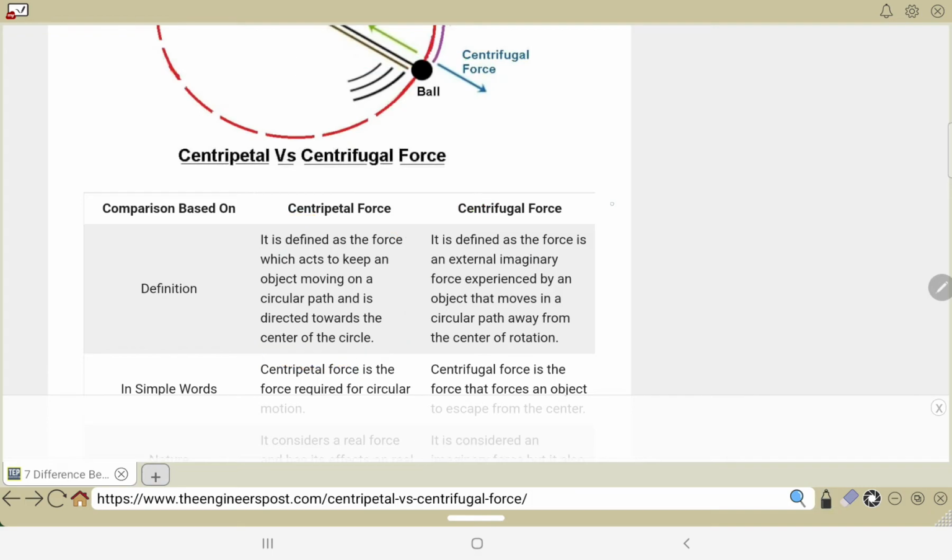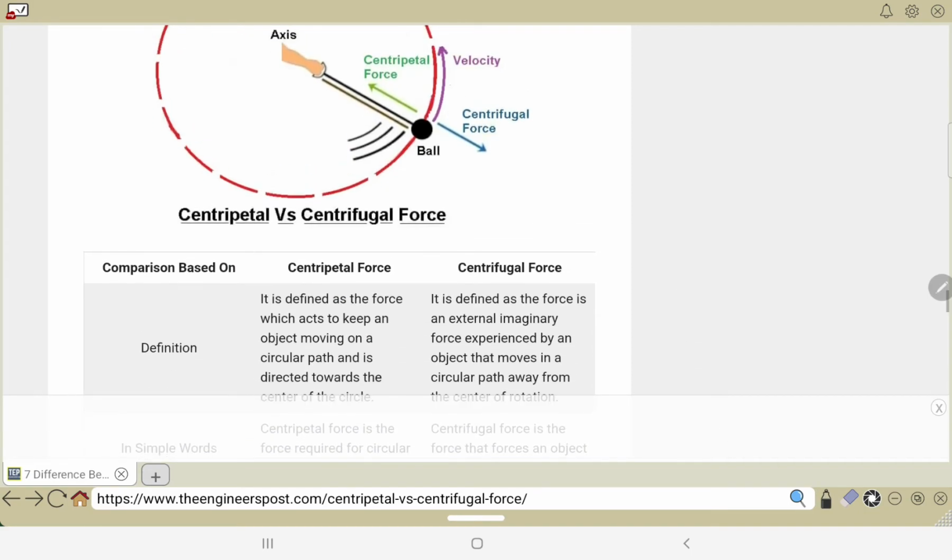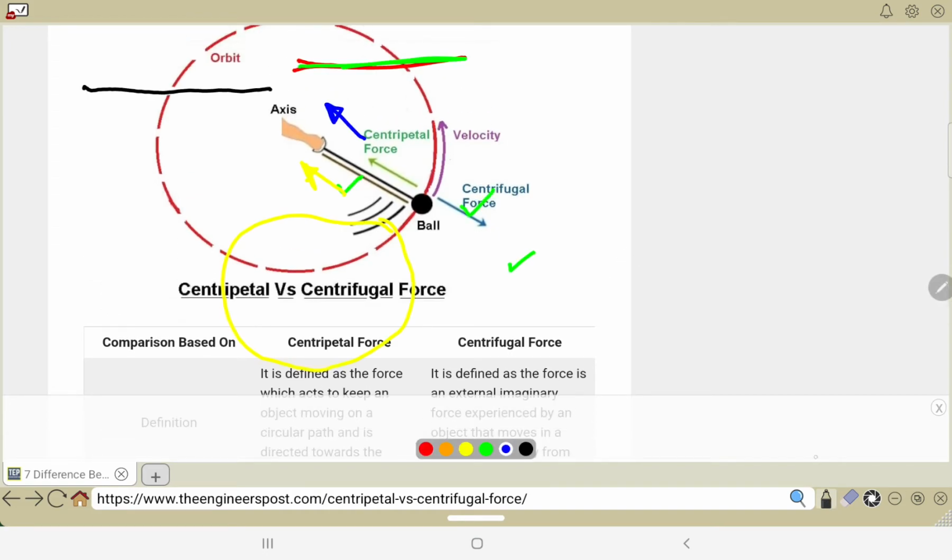As you can see here, this centripetal force is acting towards the center of the circle. So this centripetal force is responsible for the rotation of the ball, because it keeps that ball in a rotary motion in a circular path.